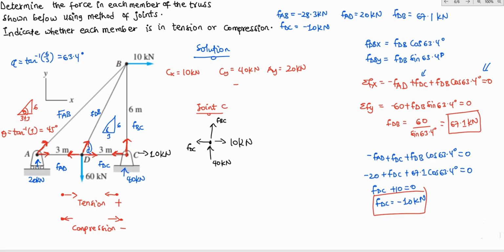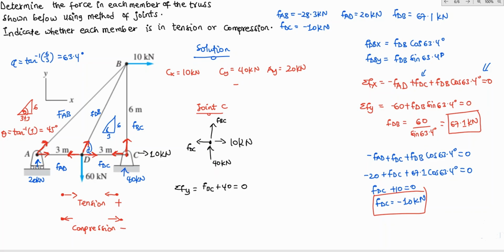Now let's consider the sum of the forces in the y-axis direction. We want to find FBC, so you can just consider the sum of the forces in the y-axis direction. You are going to have FBC plus 40 kilonewton, and it should be equal to 0.